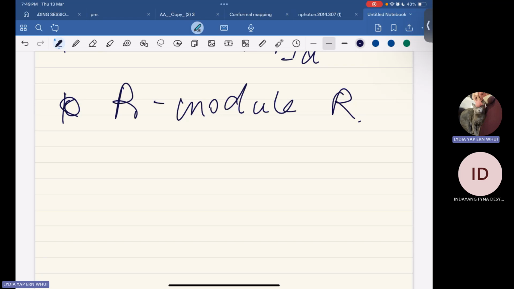What's simple? R-module R. Actually, did you learn linear algebra? Okay, so you learned what a vector space is. Do you remember all 10 axioms of a vector space? Who taught you linear algebra? Ask me, right?